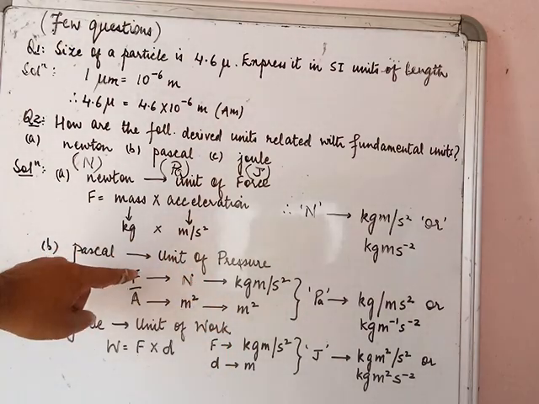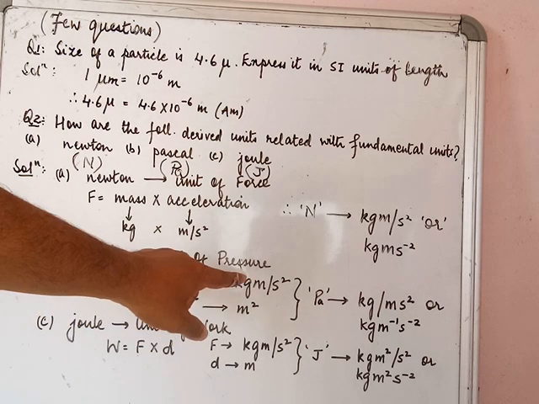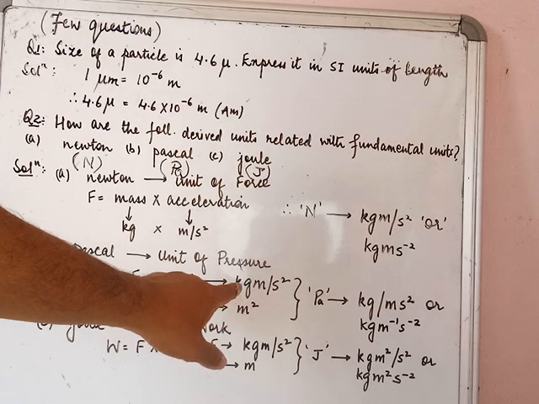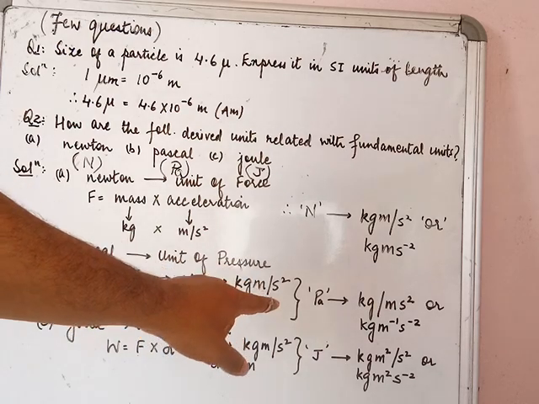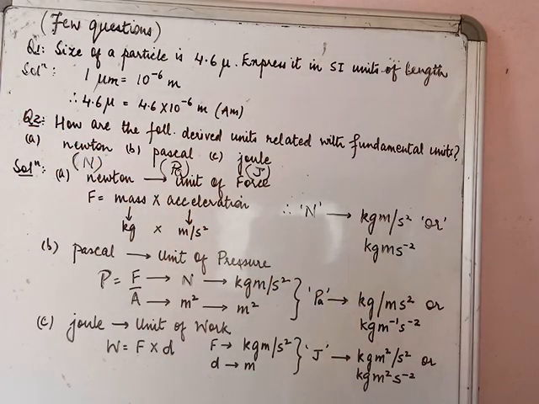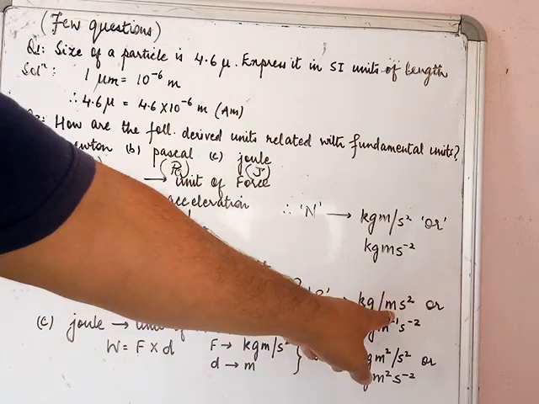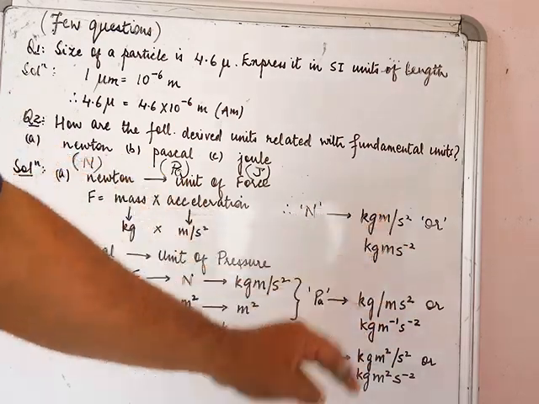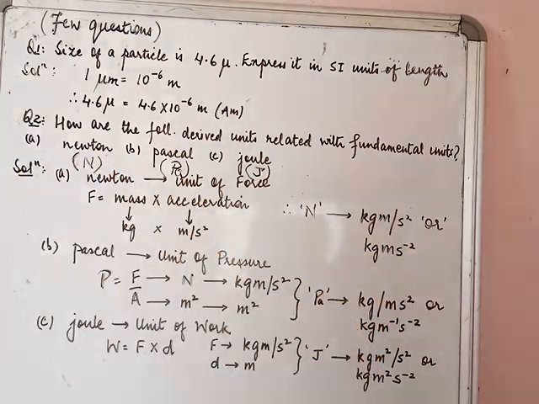Now when we combine, we have to divide these units: kg meter per second square divided by meter square, you get kg per meter per second square. Or if you take the meter and second square up in the numerator, it will have m to the power minus 1 and s to the power minus 2.